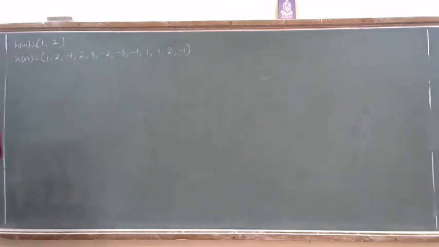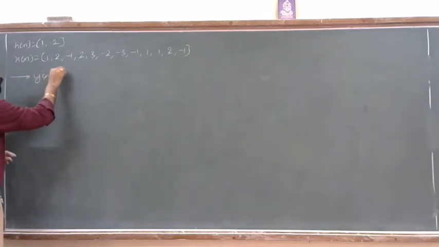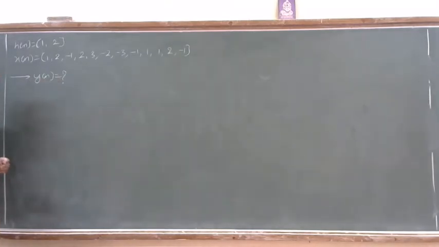The same impulse response and input that we used for overlap add. Now we have to obtain the output y of n by using the DFT and IDFT method.